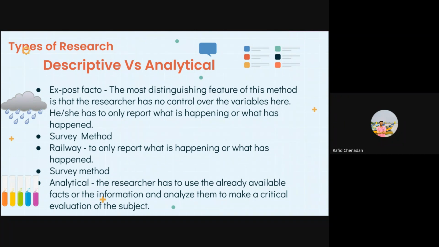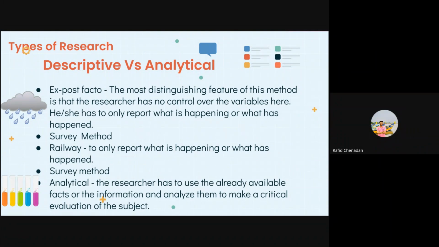Yes, so these are types of research. It's the first area, and we have descriptive research and analytical research. And a descriptive research is always an ex post facto research. So don't worry when you see this kind of term, ex post facto.